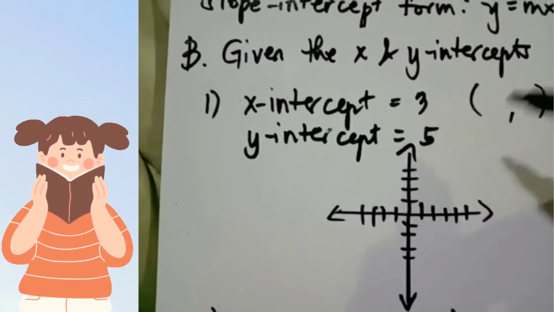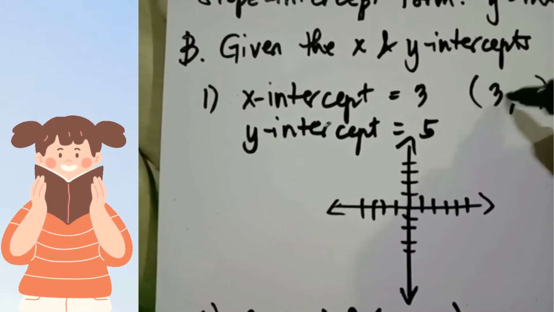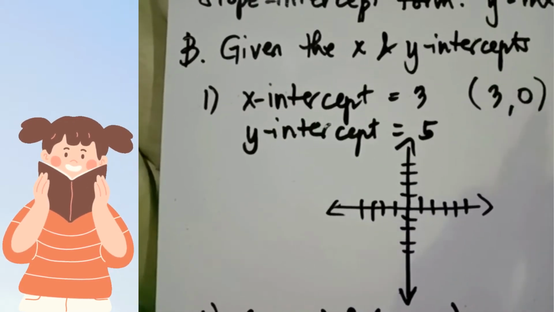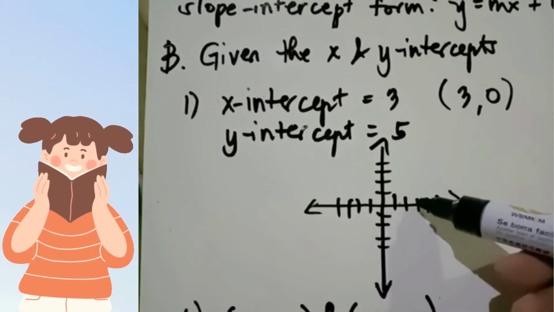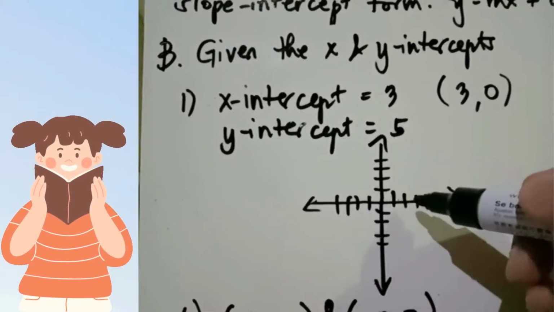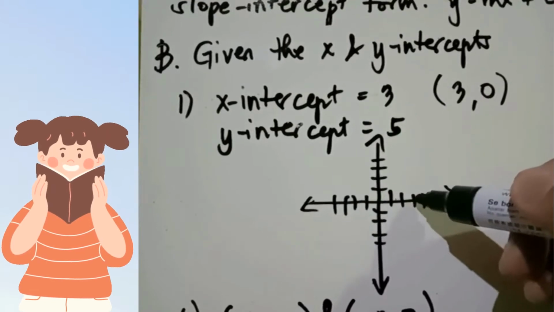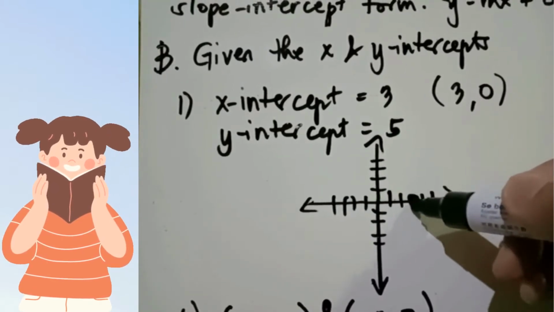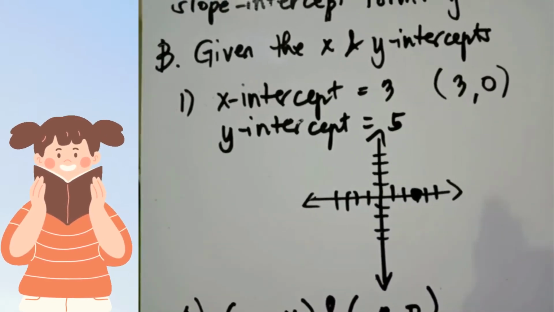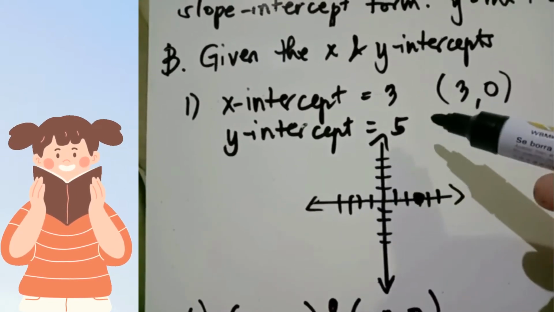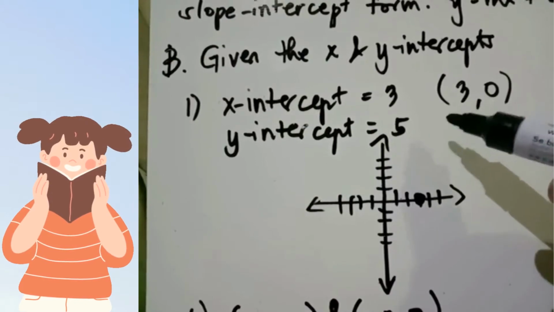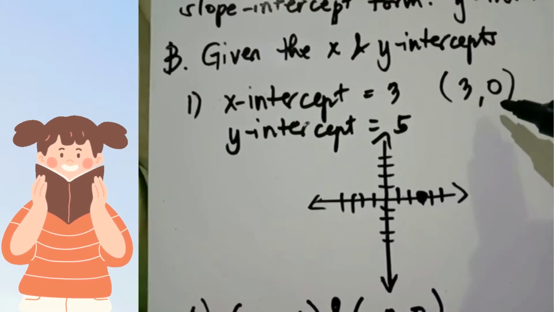So given the x-intercept, that is 3, and then the y is 0. Okay, because when we have 1, 2, 3, and then the y is 0, so meaning you're going to plot your point on the x-axis, and that's how you call 3. The x-intercept is 3. So, you have there the 3, 0.